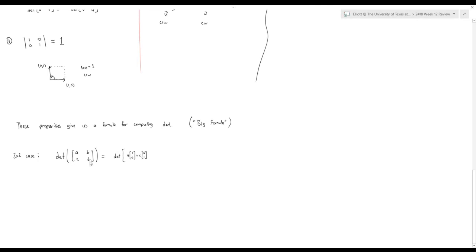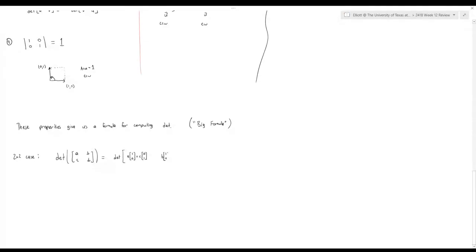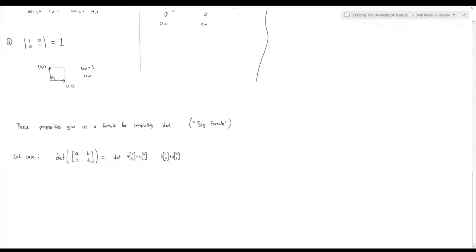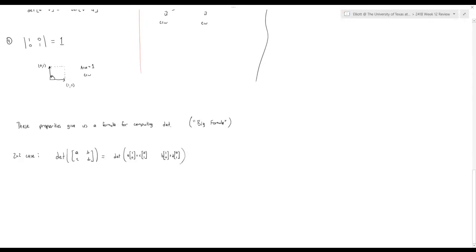Likewise, the second column, vector BD, I'll also rewrite as a linear combination: BD is B times (1, 0) plus D times (0, 1). And maybe just to avoid too many brackets, I'll use big parentheses instead.